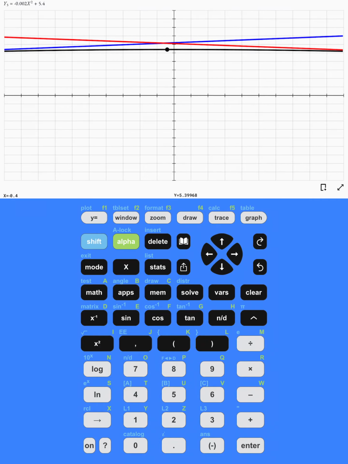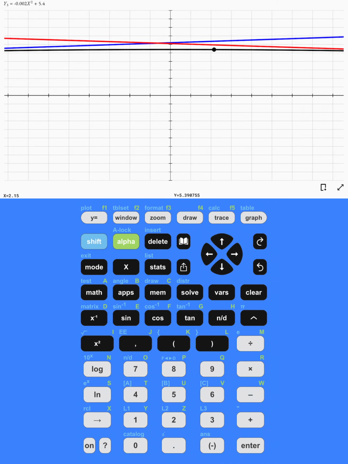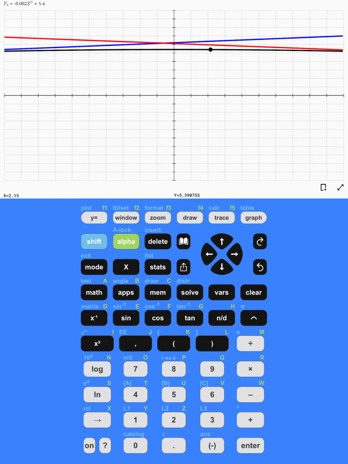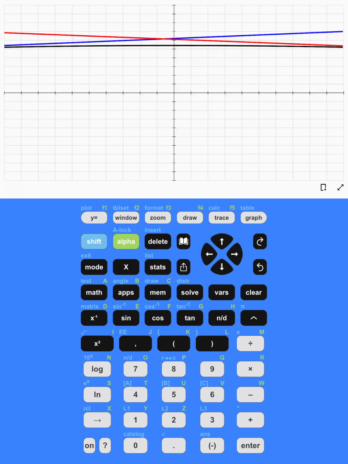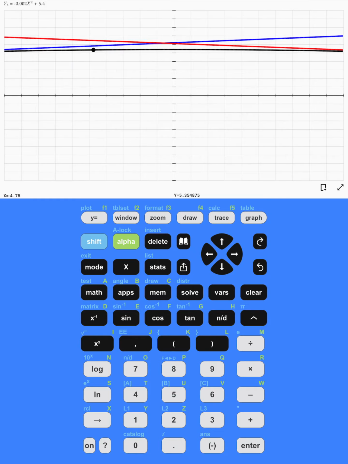When you graph it, it should look like this right here. So what we want to find is the intersection between them. Just by looking at the colors, we know we're looking at the black in comparison to the other one.